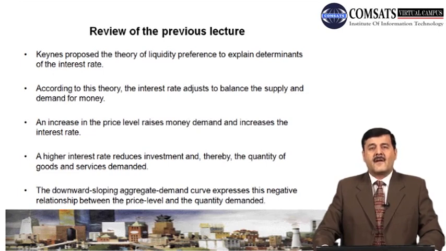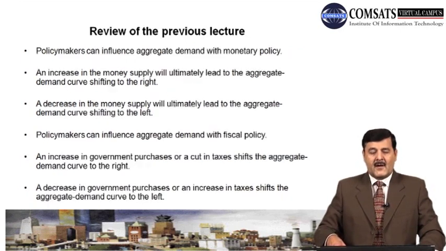A higher interest rate, as we saw, reduces investment demand and thereby the quantity demanded for goods and services. So we have related the interest rate and money demand with the quantity demanded. Then we linked the money market, the liquidity preference theory, with the slope of the aggregate demand curve. The downward slope expresses the negative relationship between the price level and the demand for goods and services in the economy.